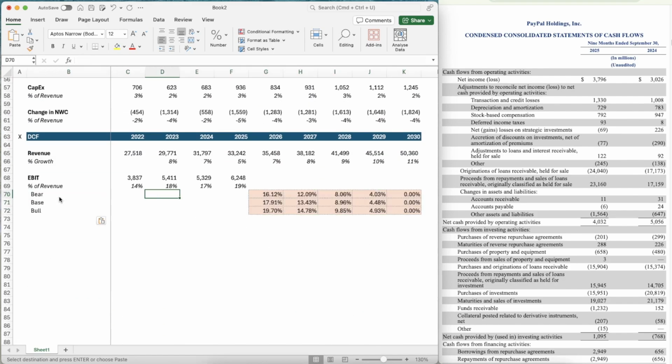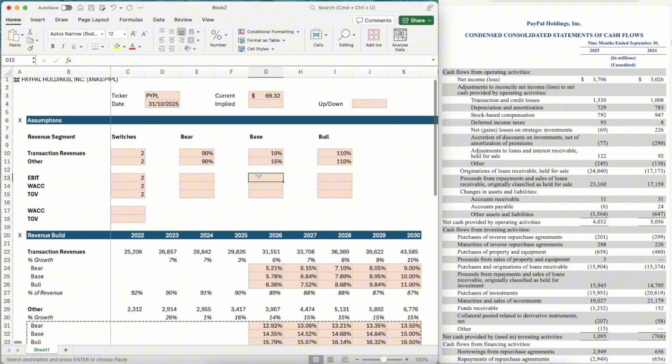Down. Yeah, so it's going to average, and let's say that eventually the EBIT comes back up to 19%. I think that is what is being forecasted. So actually, some are even saying 21%. So let's say 20%, and we go 95 on the bear and 105 on the bull.